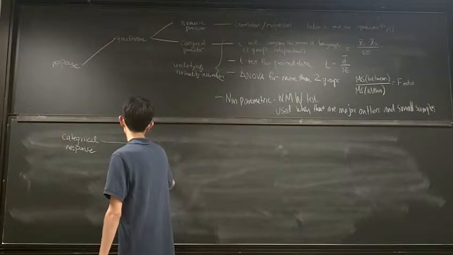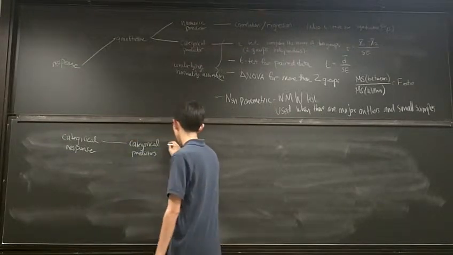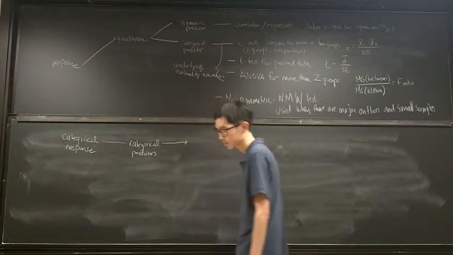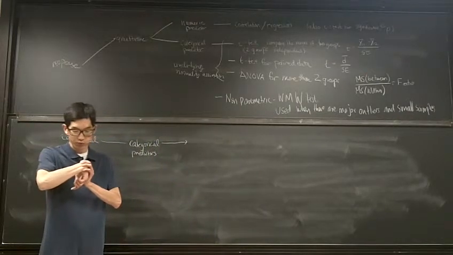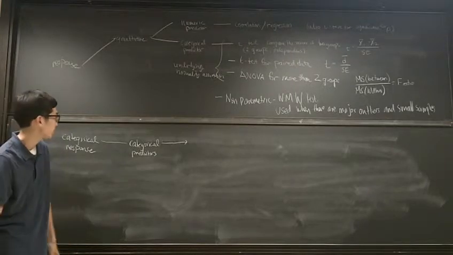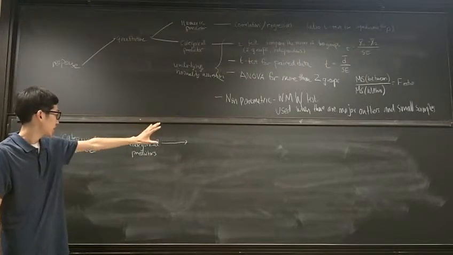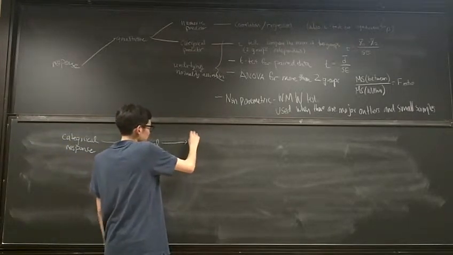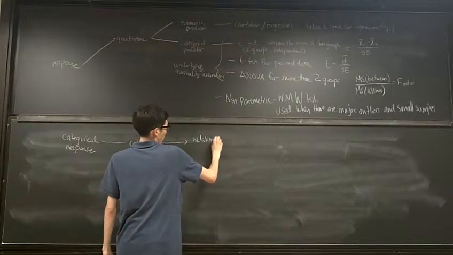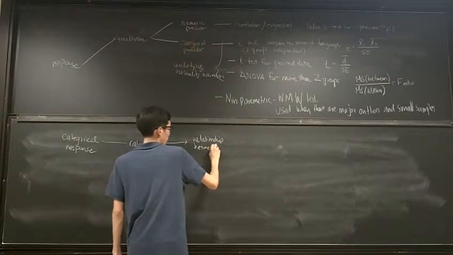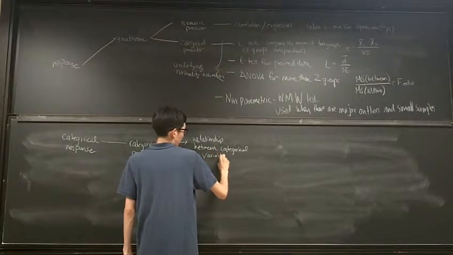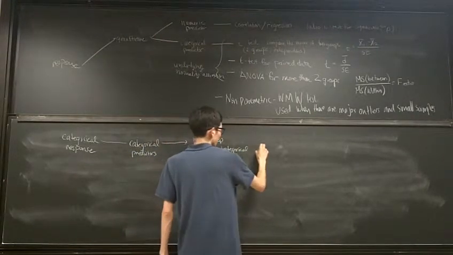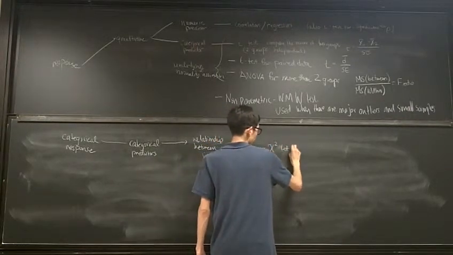So if you want to see if there's a relationship between the categorical variables, then we would use the chi-square test for independence.